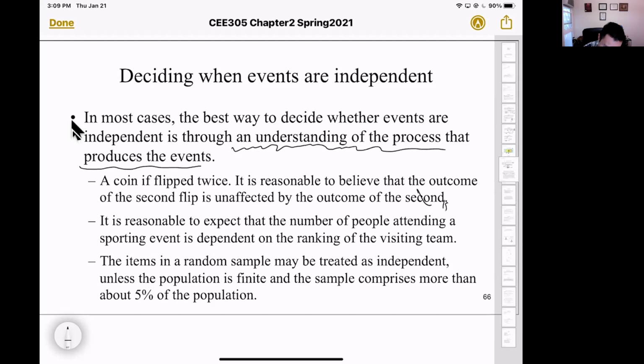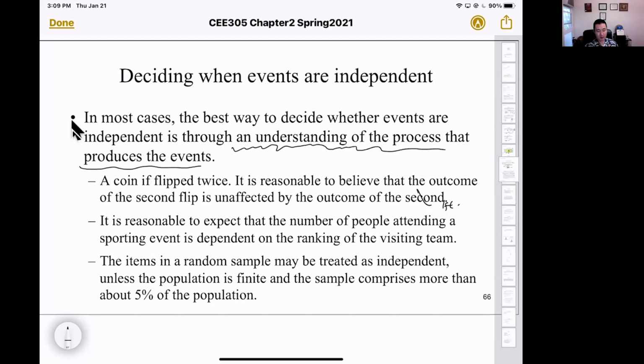It is also reasonable to expect the outcome of people attending the sport event depending on the ranking of the visiting team. So think about all the possible ways if 2 events are independent to each other.